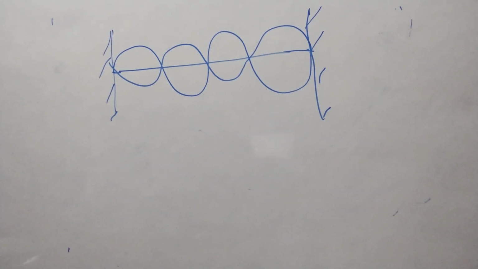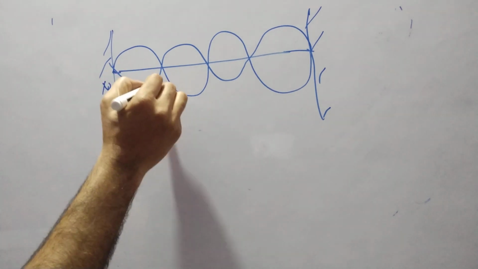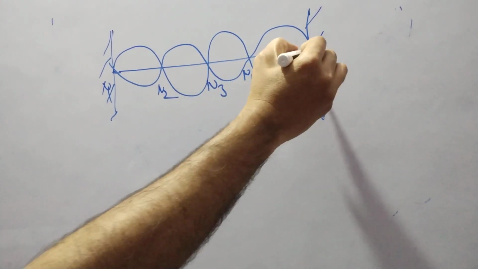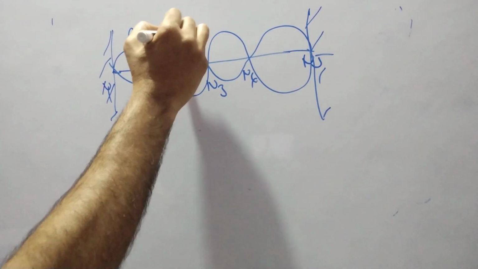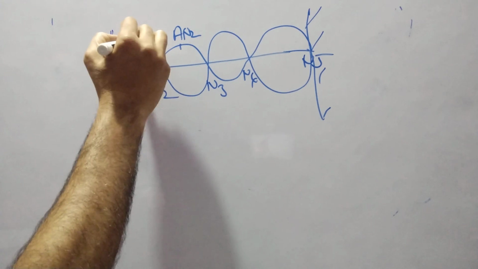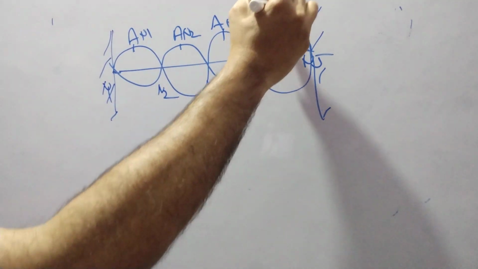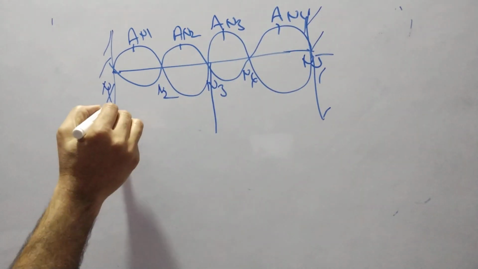Now this is node 1, node 2, node 3, node 4, node 5. This is antinode 1, antinode 2, antinode 3, antinode 4. And this is one complete wave cycle.